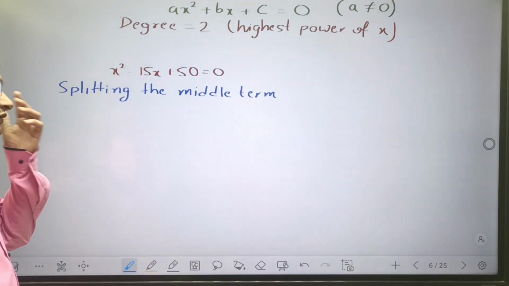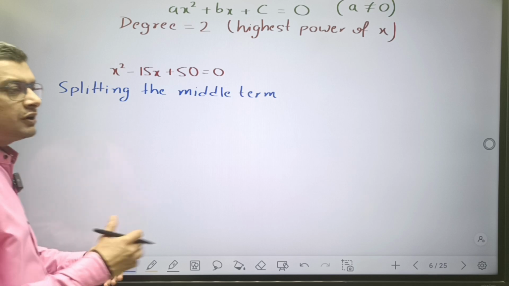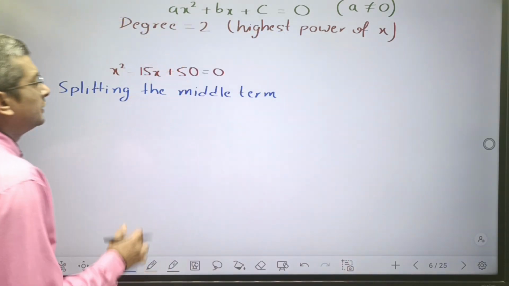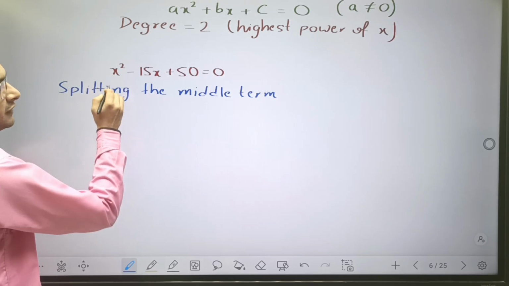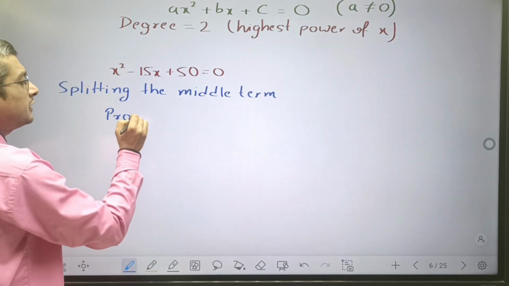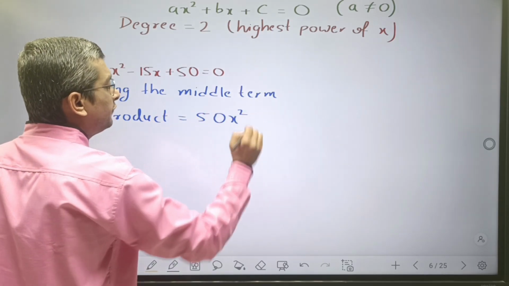As the name suggests, we split the middle term such that the product of the terms we get must be equal to the product of the first term and the last term. For example, here the first term is x square and the last term is 50. So the product is 50x square.